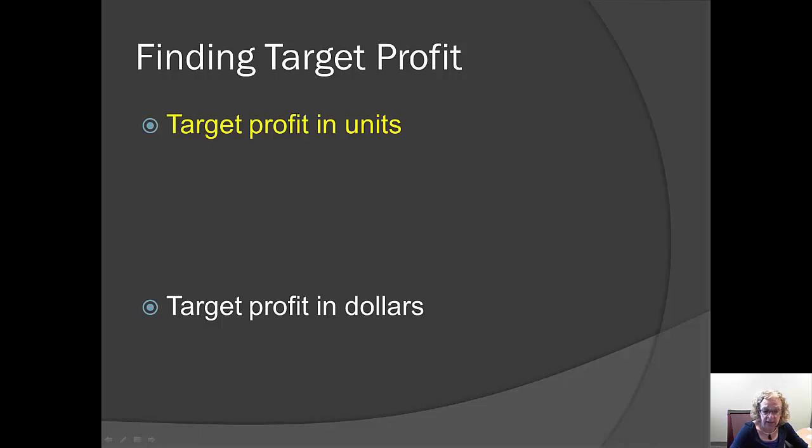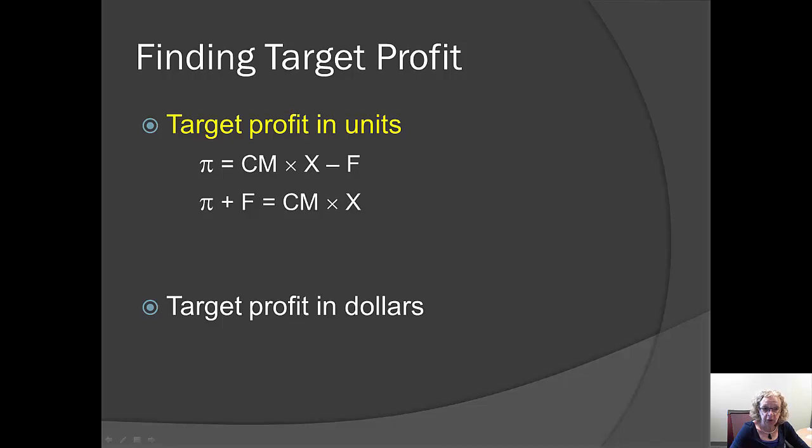The only difference is, instead of setting profit to 0 as we would for break even, we can now choose a particular profit level. So our basic formula is that our profit is the contribution margin per unit times X, the number of units, and then minus the fixed cost.